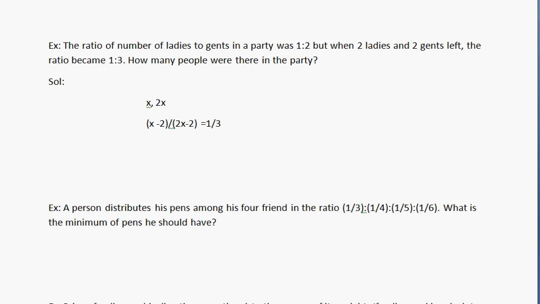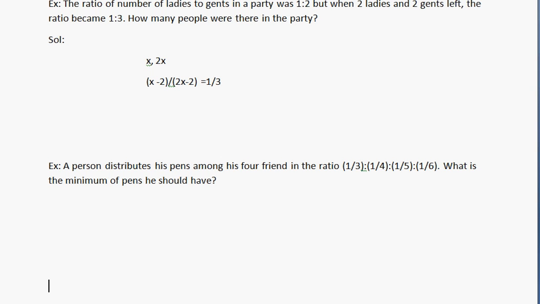Now the next question, which says a person distributes his pens amongst his 4 friends in the ratio 1/3, 1/4, 1/5, 1/6. What is the minimum number of pens he should have? So in these types of questions, when the ratios are given in fractions, we have to first make them whole numbers.